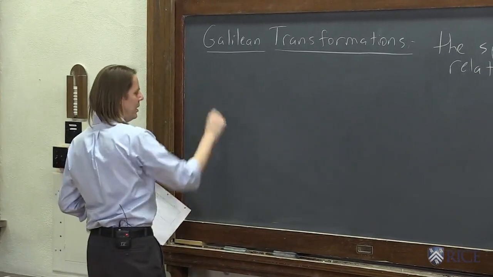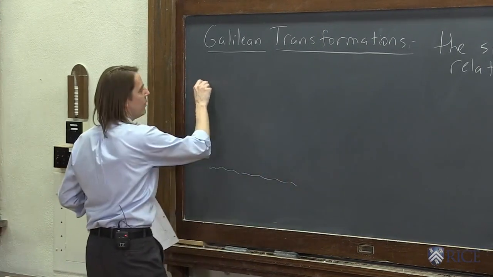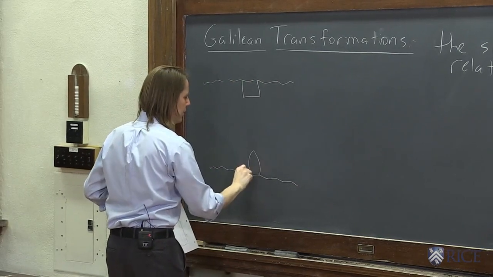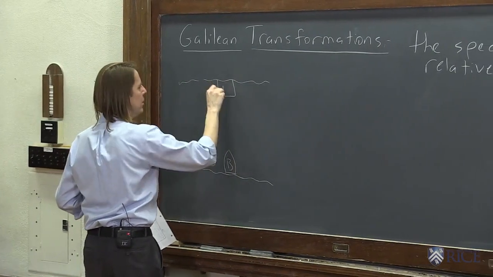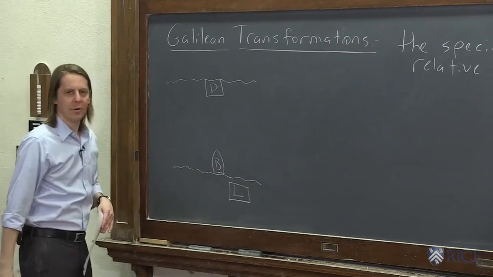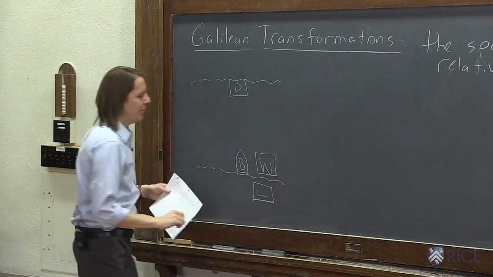So the problem we're going to work on is a boat crossing a river. So here we've got the river, and the boat is trying to get to a dock. So there's the dock, there's the boat, there's the dock. This is the land, which is one of our frames, and this is the water, which is another frame.